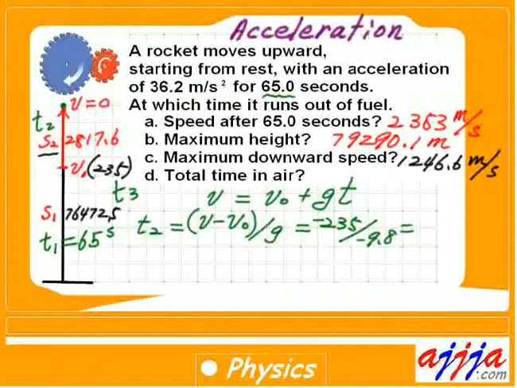What about T3? That's the same thing, right? So final velocity minus initial velocity. Final velocity was what? That's right, the maximum downward speed, which is 1,246.6, minus 0, which is the initial velocity in this case, divided by positive 9.8.